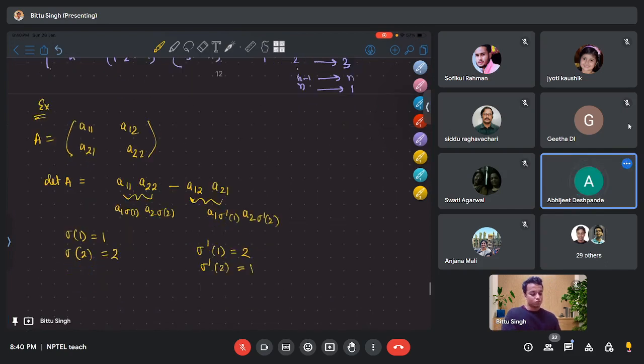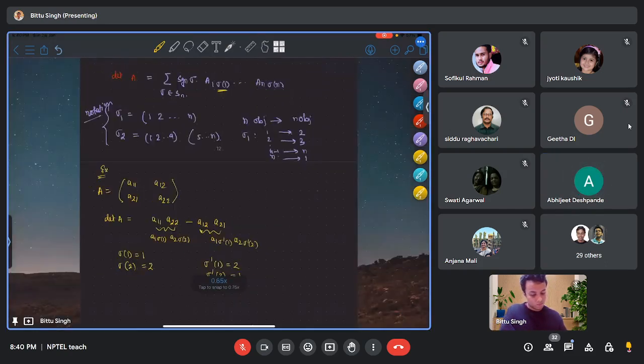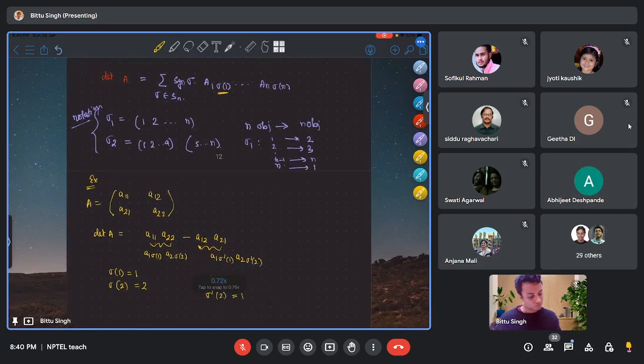So the formula says we don't just take the sum of those n squared many things. We need to take the sign of the permutations also.